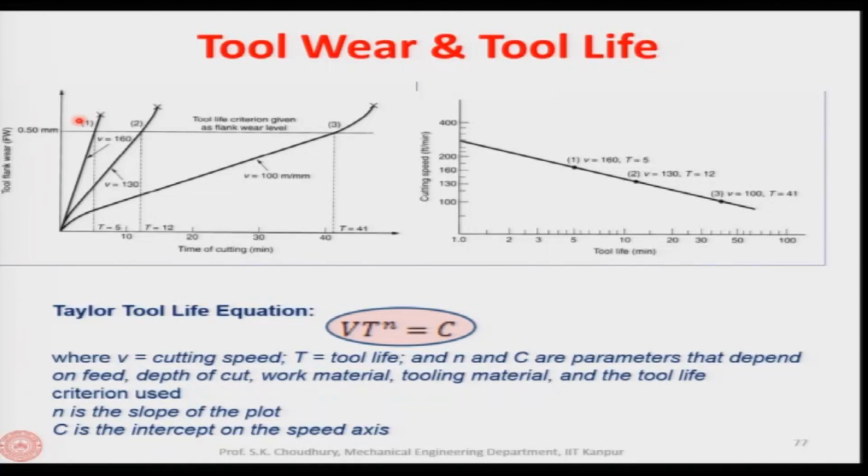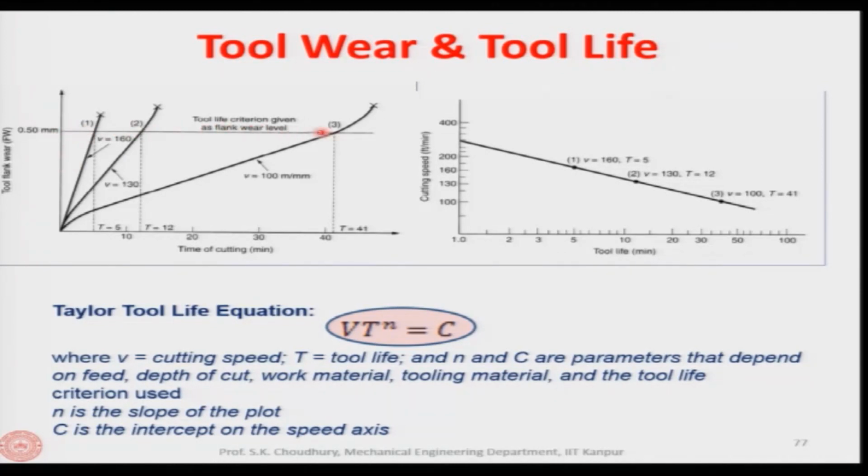Now, if we draw these curves for different velocities, and then we draw a line beyond which we should not allow the flank wear to grow. In practice it is used as 0.3 millimeter and up to 0.5 millimeter. 0.5 millimeter is normally not allowed, it is actually 0.3 millimeter.